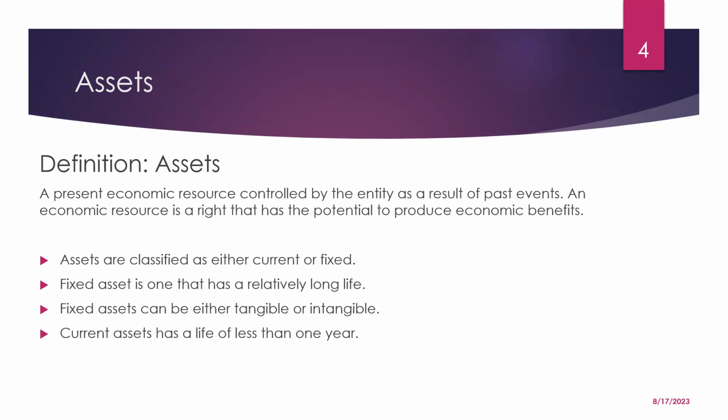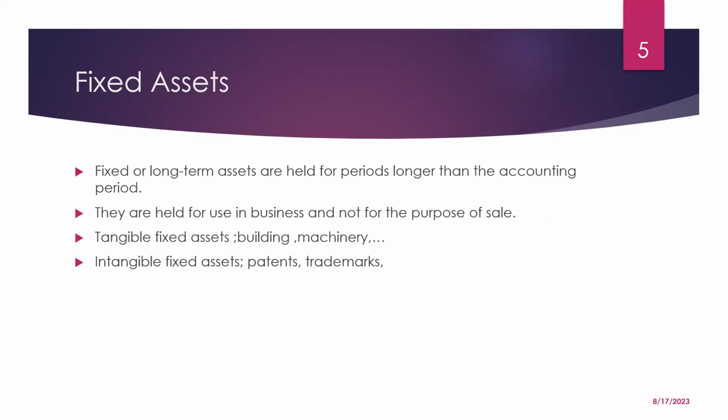If you categorize some assets as fixed assets, they should have a long lifespan. Generally, we say that is more than one accounting period. One accounting period is 12 months or 1 year. So a fixed asset should always have an economic lifespan of more than 1 year. Those fixed assets can be categorized as tangible fixed assets and intangible fixed assets.